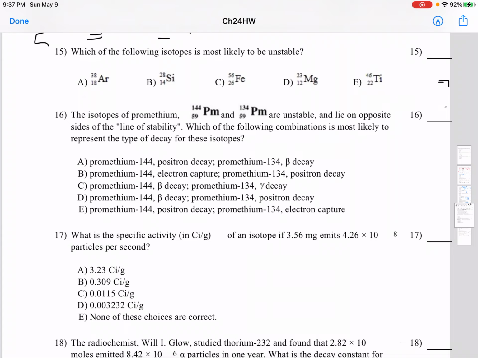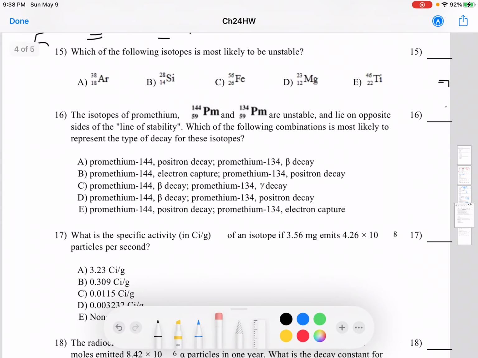Can you guys look up? I'm also looking. It is 59. I have 57. 59 is Pr, atomic mass 140.9. Okay, 140.9. This is the atomic mass. Compare it with this number and see which one is higher.